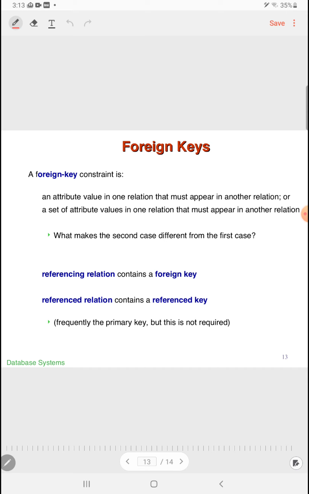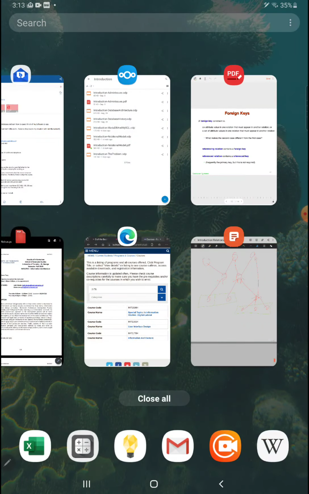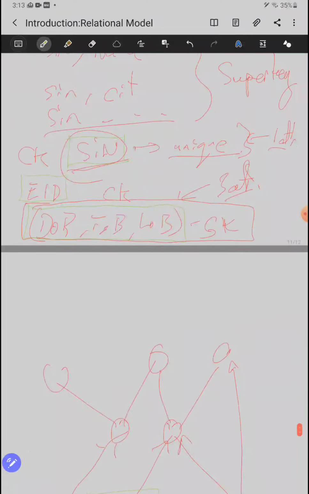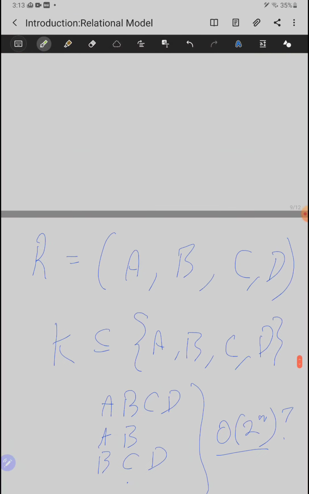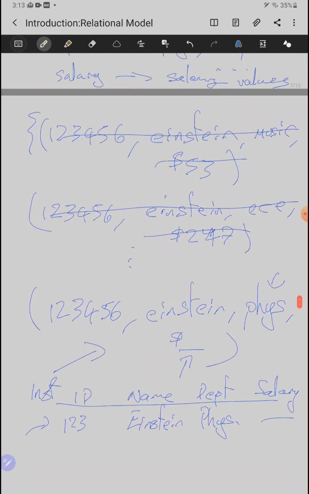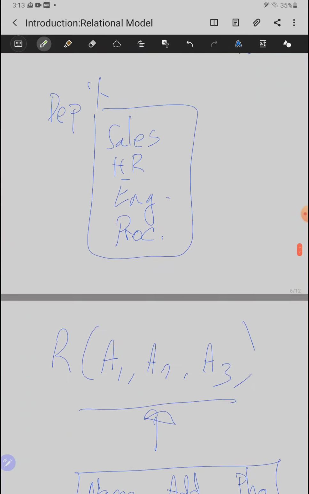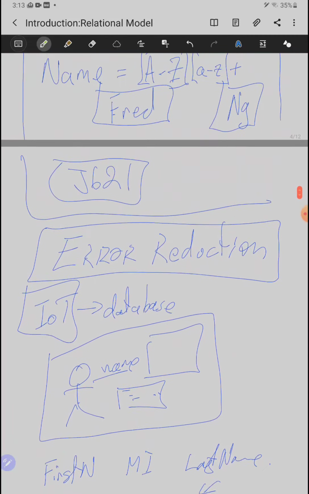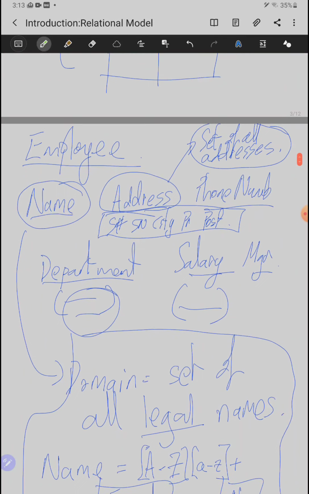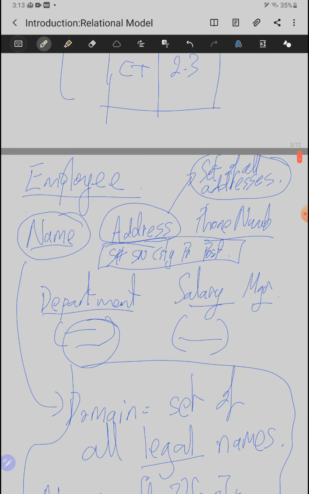Okay, finally, whoops, that should probably be blue. A foreign key constraint is an attribute value in one relation that must appear in another relation. So let's go back up here. We had this notion of a relation in which we had an employee who was a member of a department.